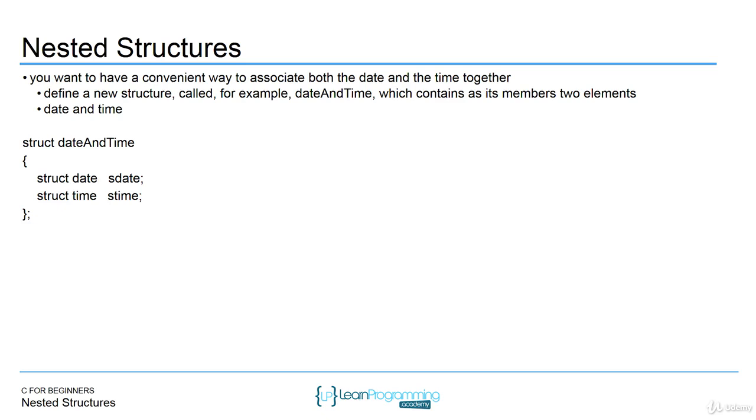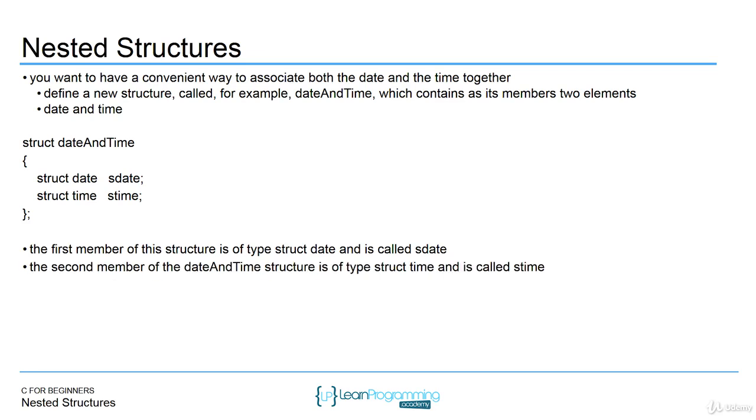The only thing different here is inside the actual structure as the element names, you have the struct keyword, the name of the struct, and then the variable name. So in this case, we're creating a date and time struct, and we have two structs. One's of type date, one's of type time, with two variables, sDate and sTime. The first member of the structure is of type struct date, and it's called sDate. The second member of the date and time structure is of type struct time, and it's called sTime.